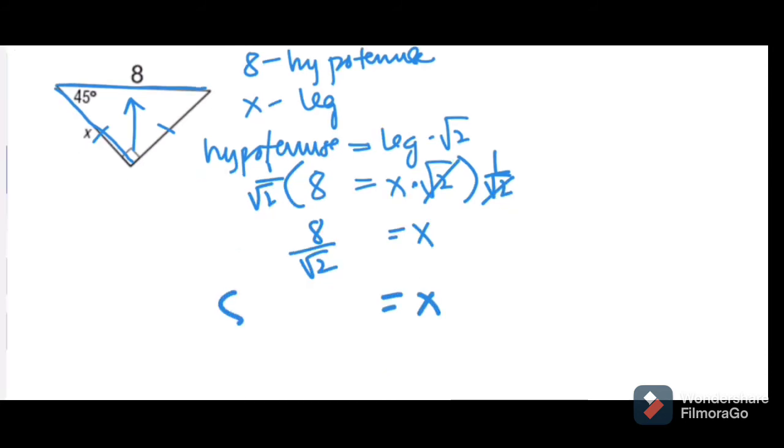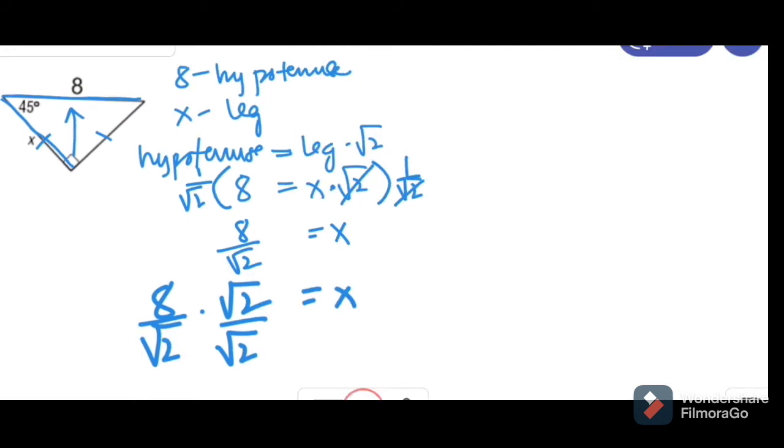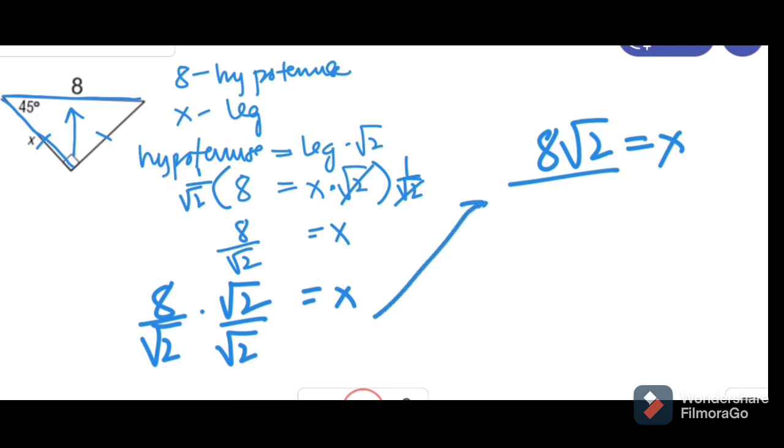So, we have 8 over square root of 2 times square root of 2 over square root of 2. So, this is now 8 times square root of 2, which is 8 square root of 2, over square root of 2 times square root of 2, which is square root of 4.